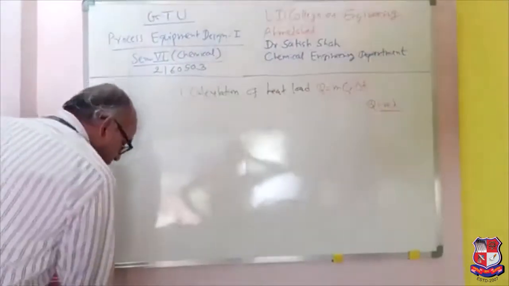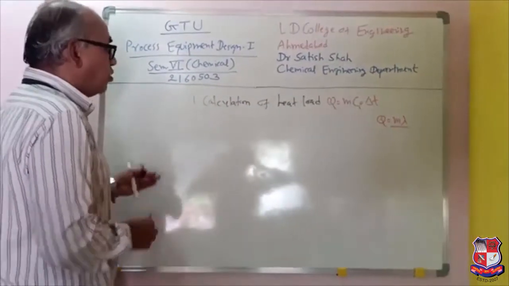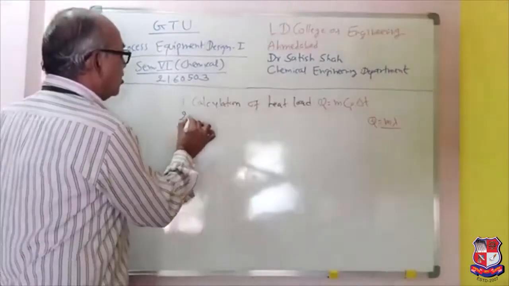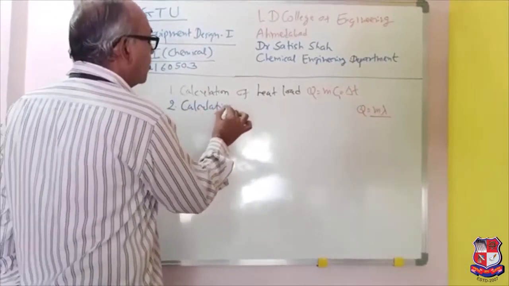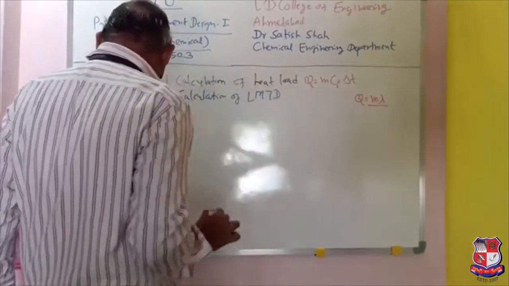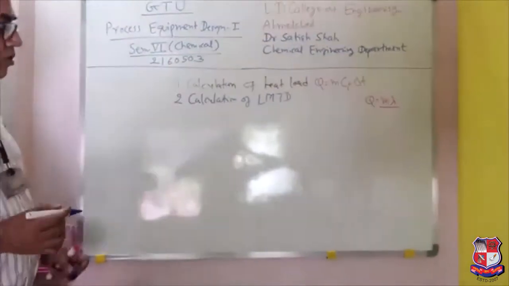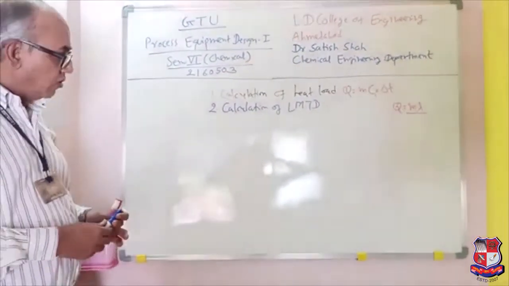Let us go to step number 2. What is my step number 2? Step number 2, that is calculation of LMTD. Now, what is LMTD? LMTD, that is log mean temperature difference.